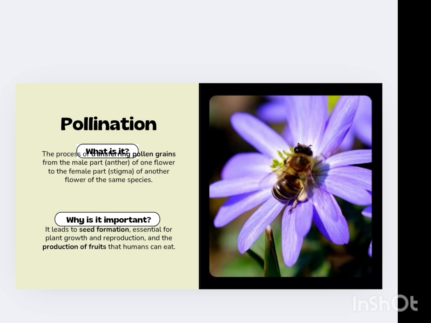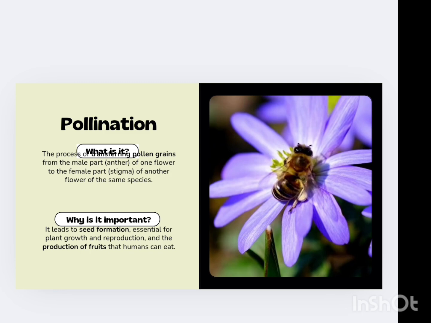They come and take away the pollen grains, or because the grains are lightweight, they are carried by air currents, or they can flow in the water, or they can stick onto the insect's body. When the insect lands on the next flower, the pollen gets stuck on the stigma of that flower. So this is the process of pollination.